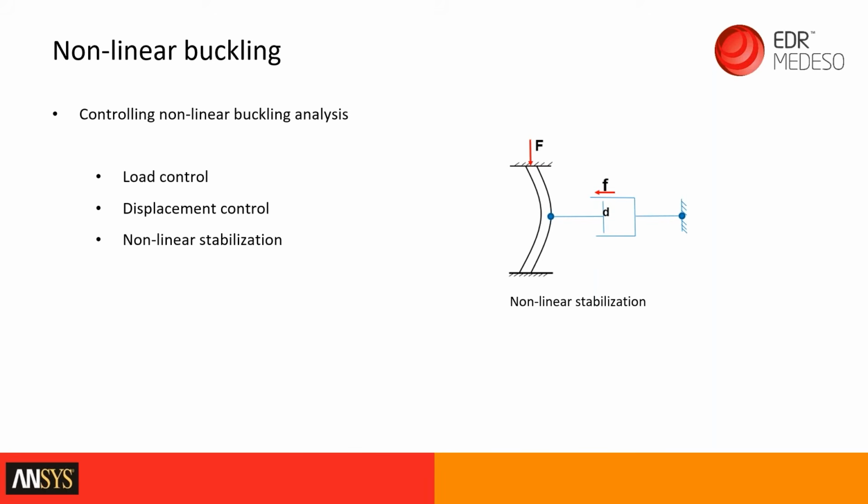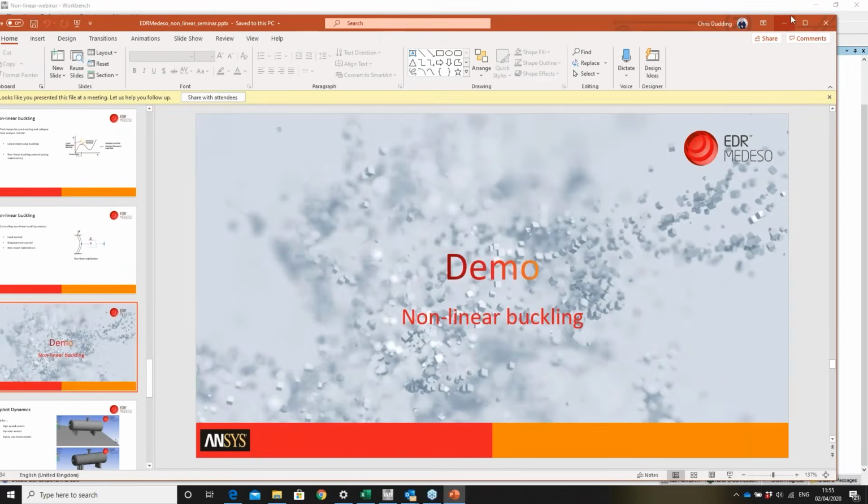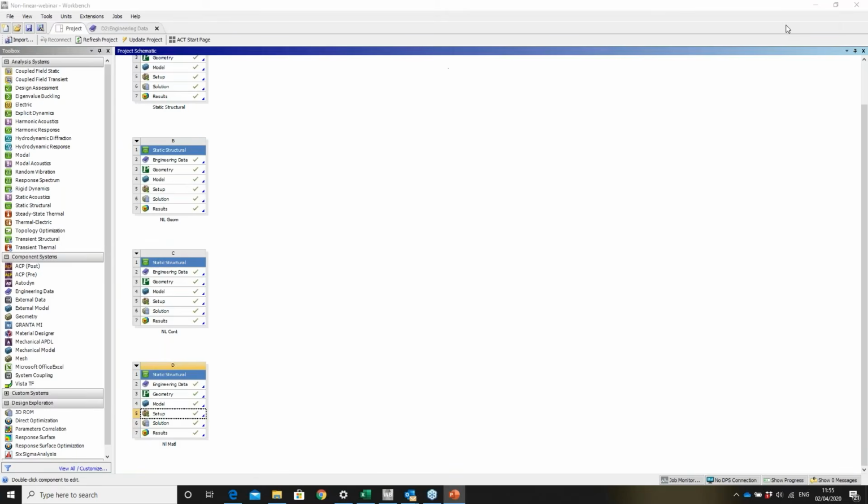You've always got to bear in mind, if you introduce any sort of artificial energy, in this case damping, your result is compromised in terms of accuracy. So you have to make sure it's large enough to get a solution, but small enough not to affect the results. So let's have a look at a demo of nonlinear buckling.